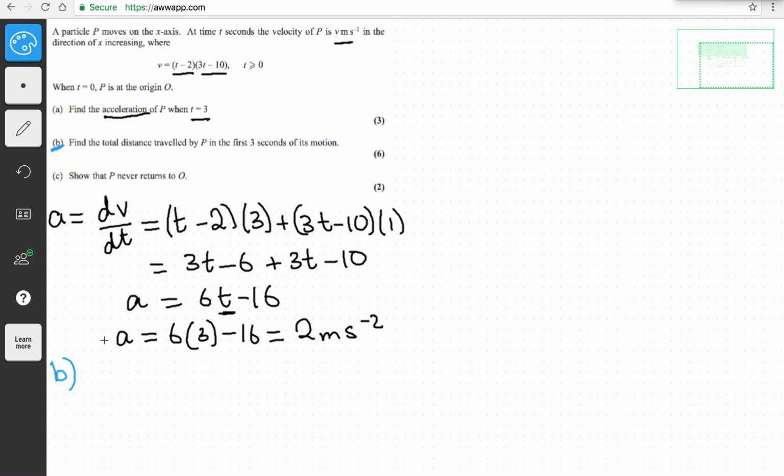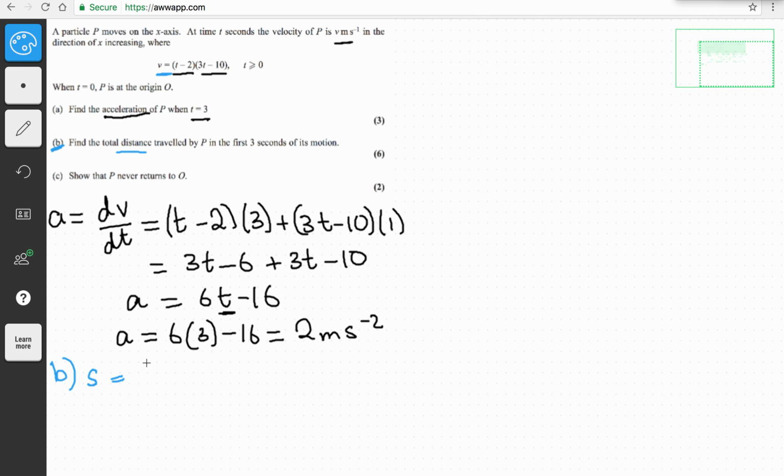In part B, they're asking us to find the total distance traveled by P in the first 3 seconds of its motion. We know that to find the distance or displacement, we have to integrate the function of v. So I'm going to say that displacement is s.